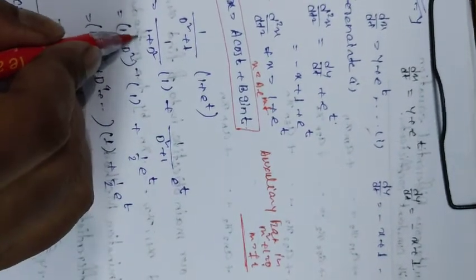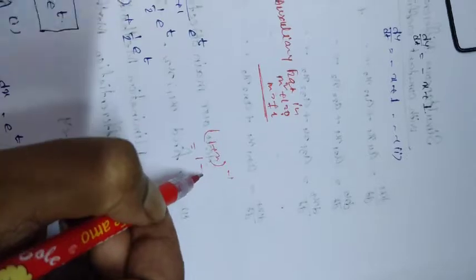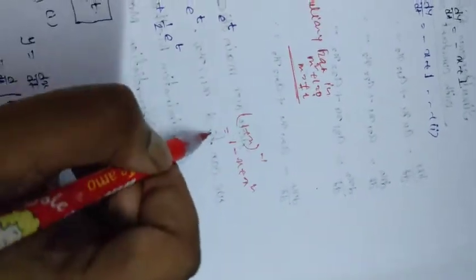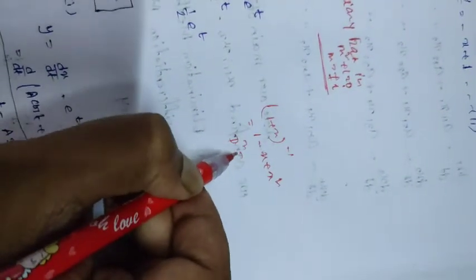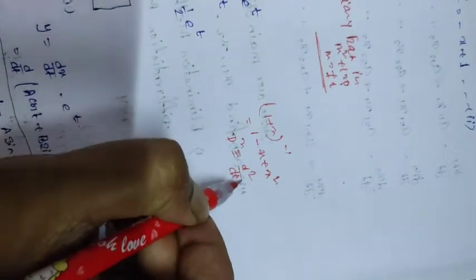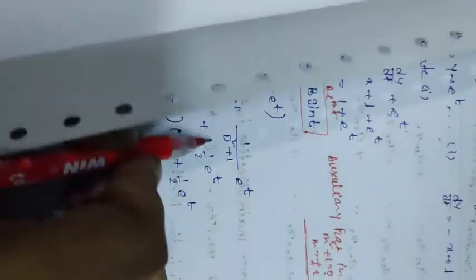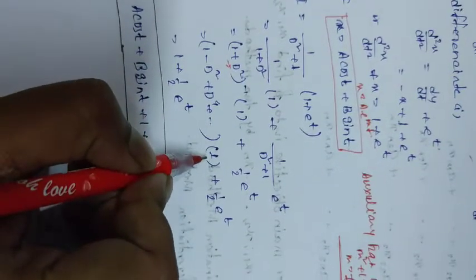And to solve it, we will use the formula (1 plus x) whole inverse is equal to 1 minus x plus x square, and here x stands for D square, and D stands for d/dt. So here (1 plus D square) whole inverse gives 1 minus D square plus D4 and so on, applied to 1.